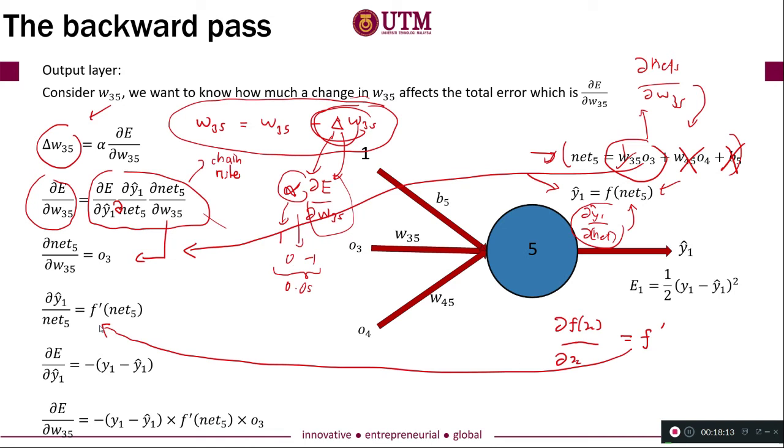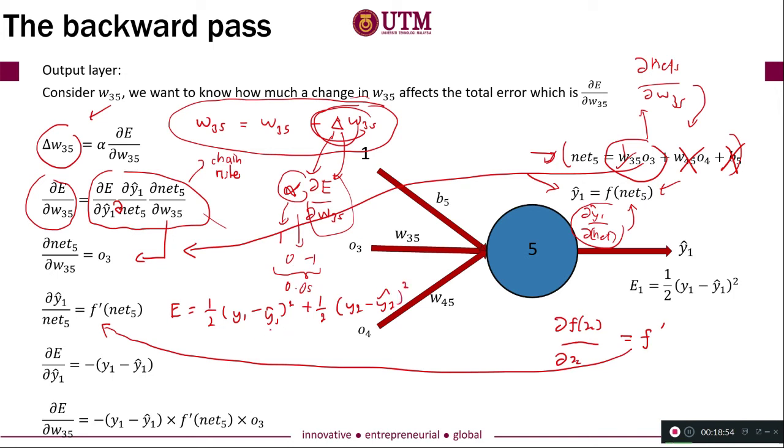And then the third component, del E over del y1 hat, comes from the definition. Remember that my E total is equal to 1 over 2 times (y1 minus y1 hat) squared, plus 1 over 2 times (y2 minus y2 hat) squared.